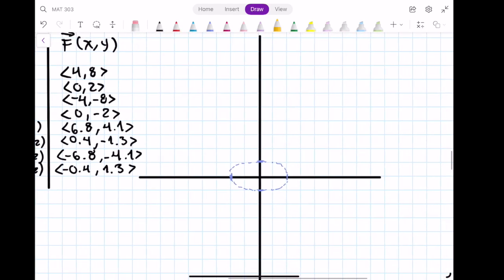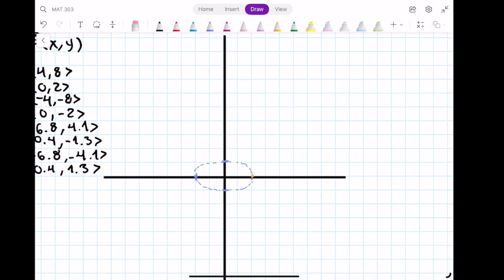Remember that our magnitude is 3, and the direction is 8, so we know that it's going to be this way. 1, 2, 3 here, right? This is our point, our vector 4a.